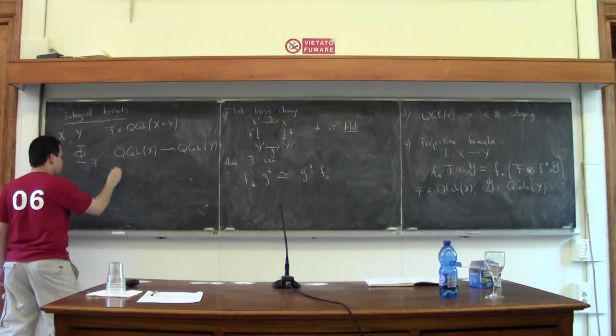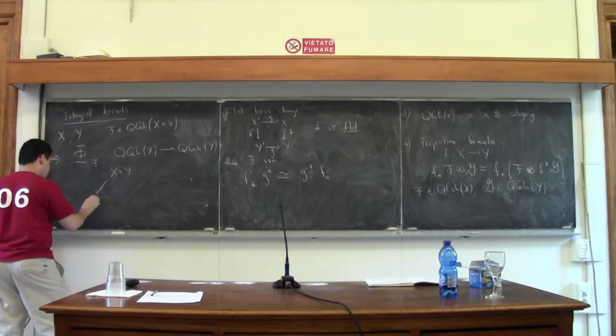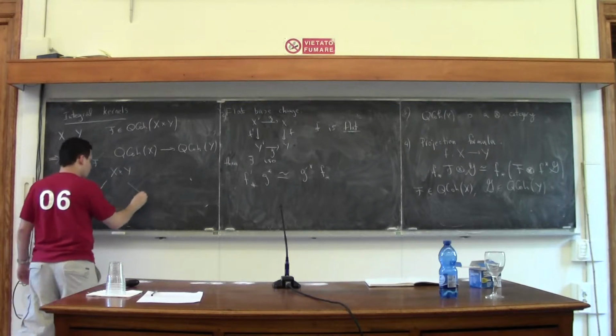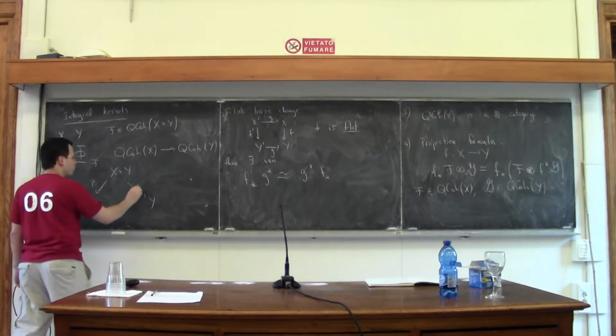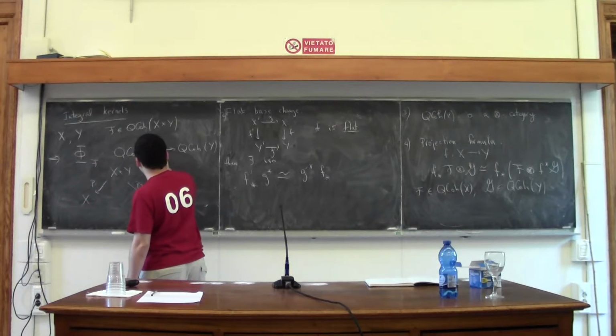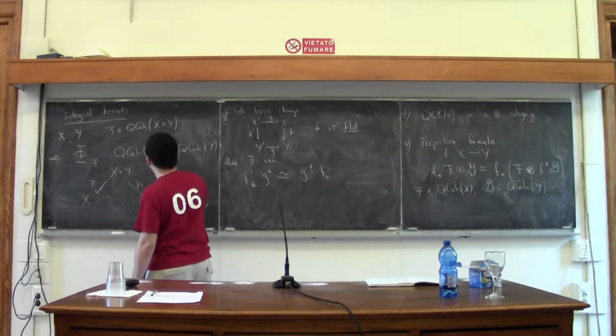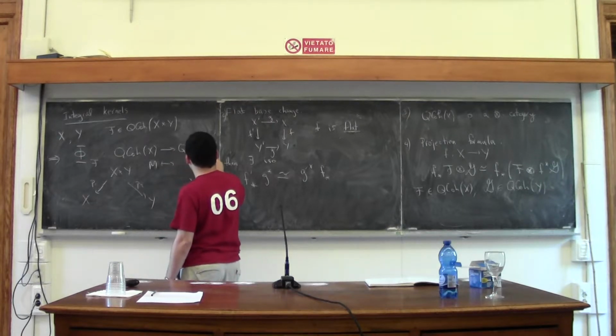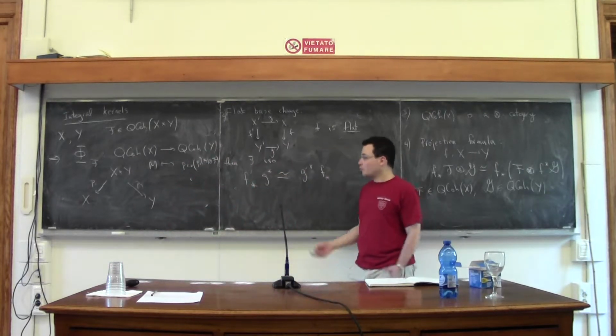Using the first projection map and the second projection map, it sends a sheaf to: well, you first pull it back, tensor it with F, and then push forward with respect to the other projection.